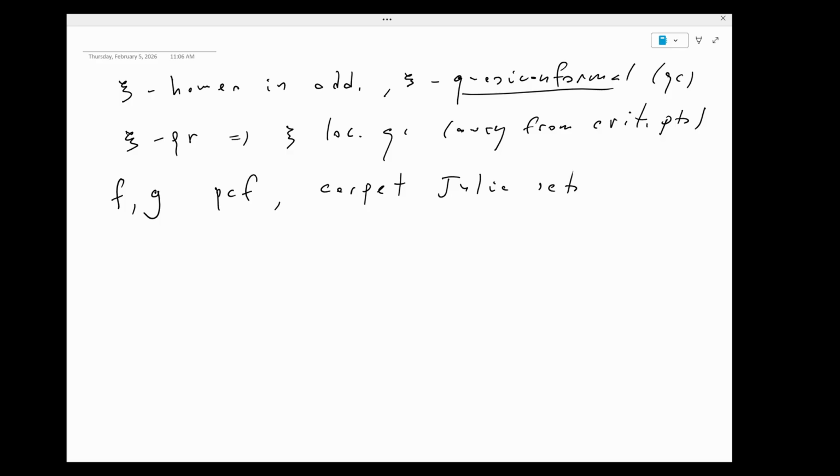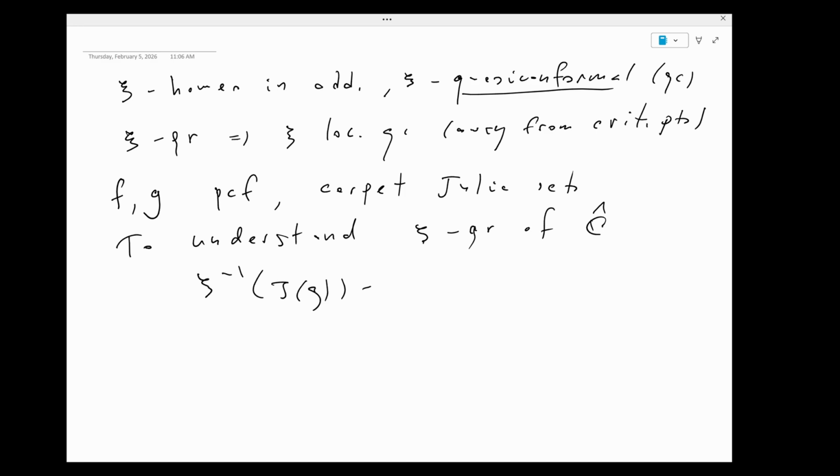What we would like to understand are global quasi-regular maps of the Riemann sphere C hat such that C inverse of J of G equals J of F.